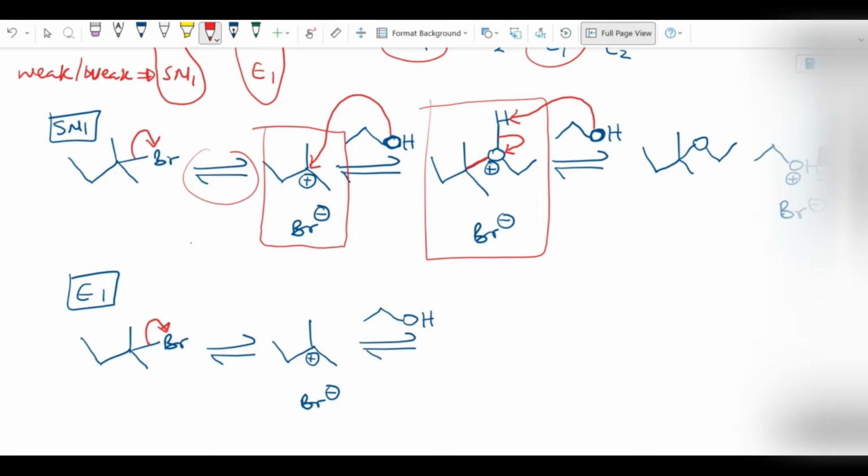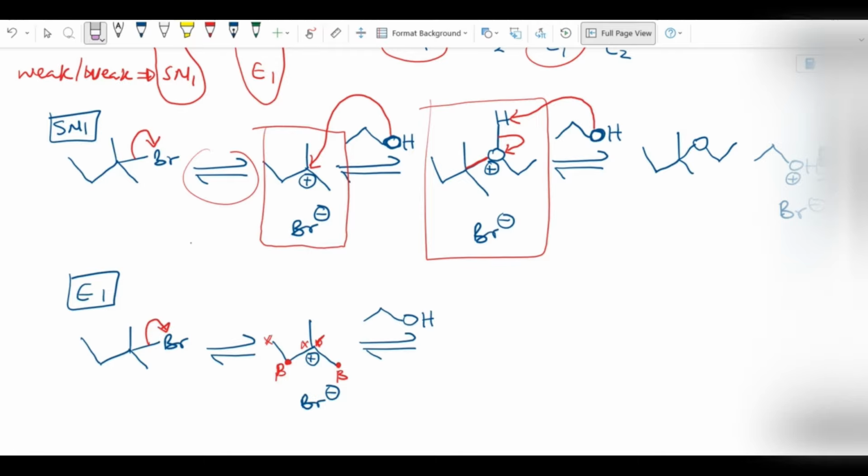So to form the Zaitsev product, which is the major product, that base must pull off a proton from this beta carbon. So there are 2 beta carbons. There is this one on the left-hand side, and there is this other one on the right-hand side of the positive charge. However, this beta carbon has 2 other carbons attached to it. So in other words, it's secondary. Whereas this other beta carbon has just 1 carbon attached to it.